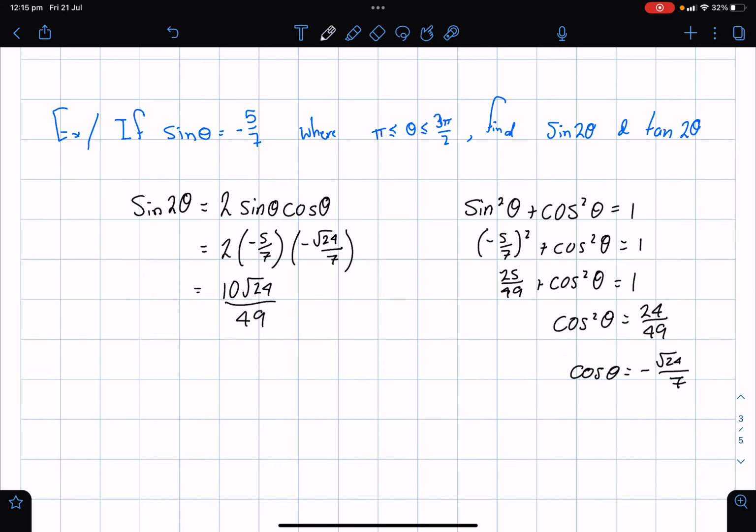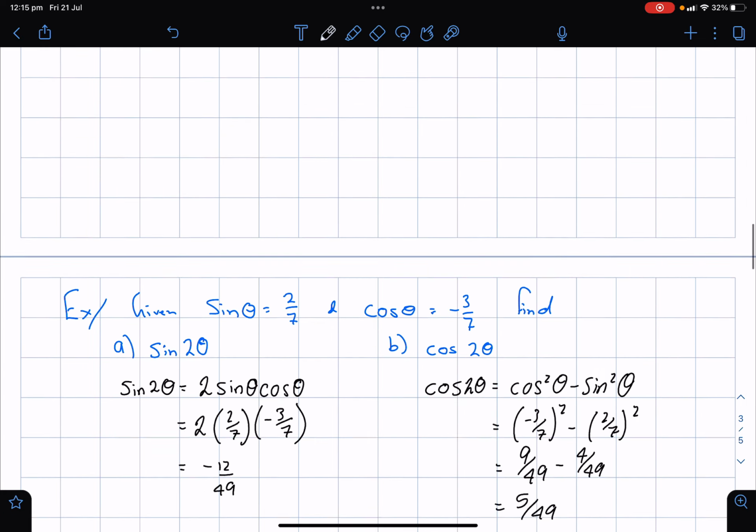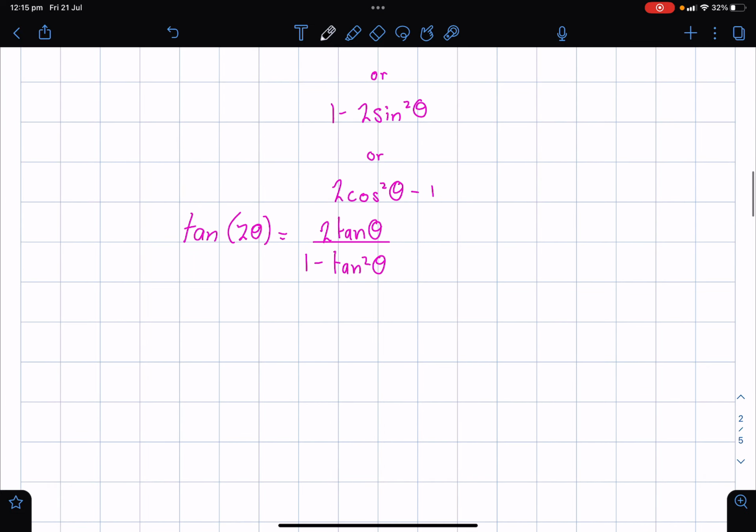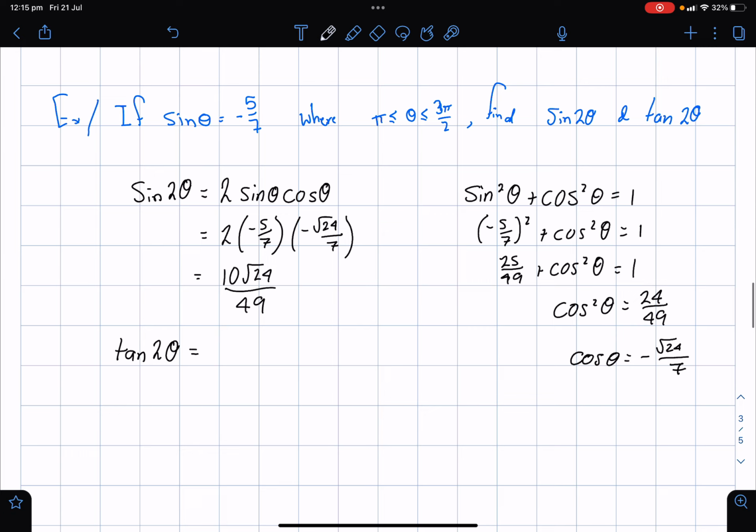Let's have a look now at tan of 2 theta. Now tan of 2 theta, if we go back up to our identities, is 2 tan theta over 1 minus tan squared theta. Now, I don't know about you, but I can't find tan theta anywhere. So we're going to have to find it.